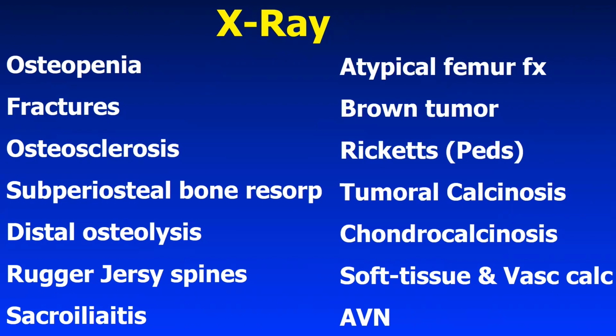As you see here, there are a lot of findings, including osteosclerosis, subperiosteal bone resorption, acroosteolysis, Rugger-Jersey spine, sacroiliitis, atypical femur fractures that can happen after prolonged use of bisphosphonates in CKD patients, brown tumors, rickets in children, secondary tumoral calcinosis, chondrocalcinosis, and of course, soft tissue and vascular calcification is another big topic that we can talk about maybe in another lecture.